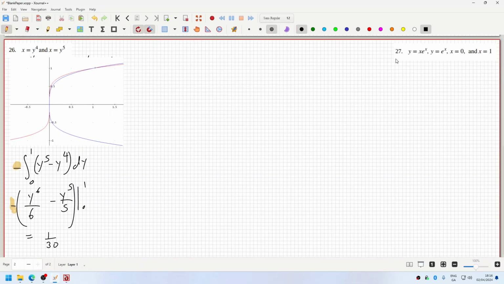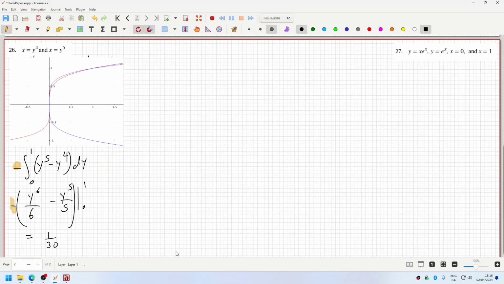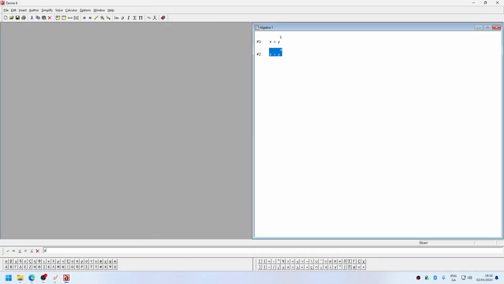Now let's graph this one, x e^x and e^x. Oh, but just regular y. Okay. y equals e power x.